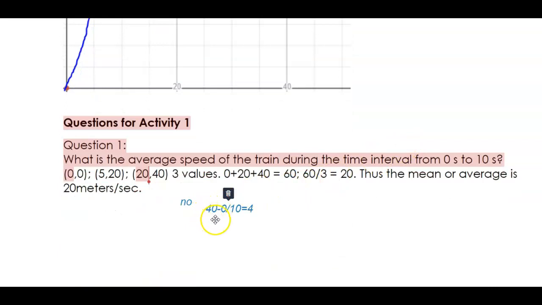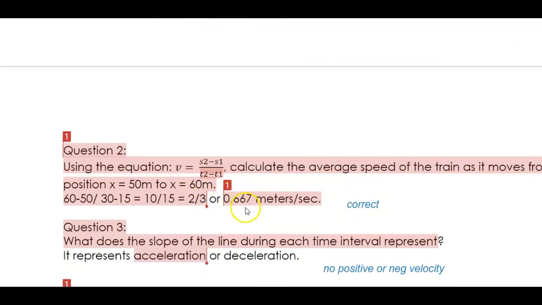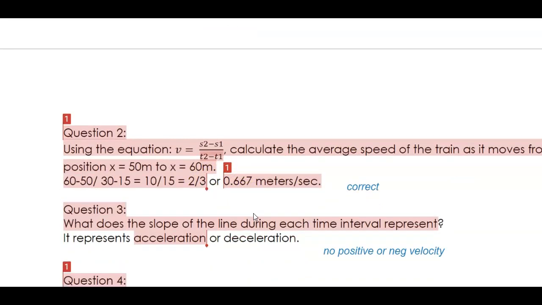So that's 40 minus 0 over 10 seconds, so that's just 4. I'm not quite sure where that came from, but it looks like you had a bad understanding of that, and I'm sorry about that. All right, with this right here, you improved on this quite a lot. You did this one reasonably well.